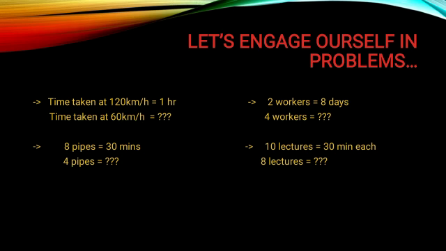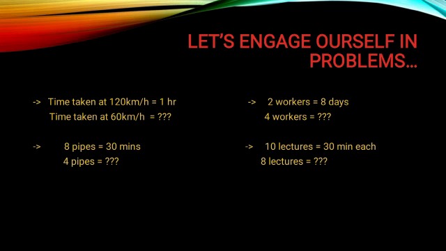Come to the third example. That's also from your general life. Maybe sometimes you call some person to do some work at your home. Suppose you are calling 2 workers, and for a particular work they are able to complete it in 8 days. Then in the second condition, if you double the number of workers, more work will be done every day.